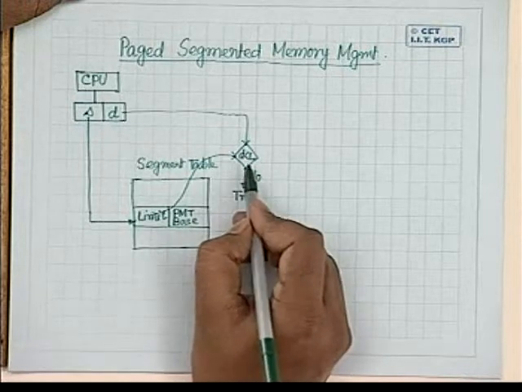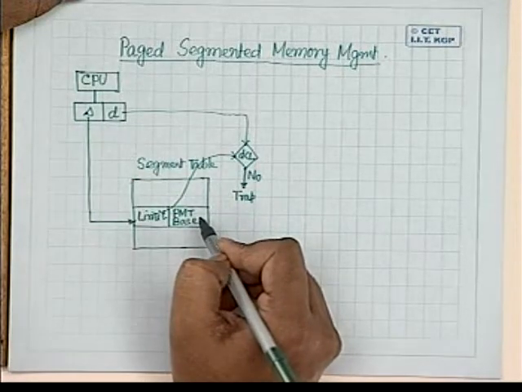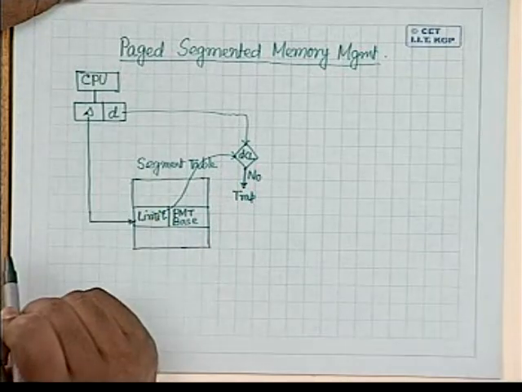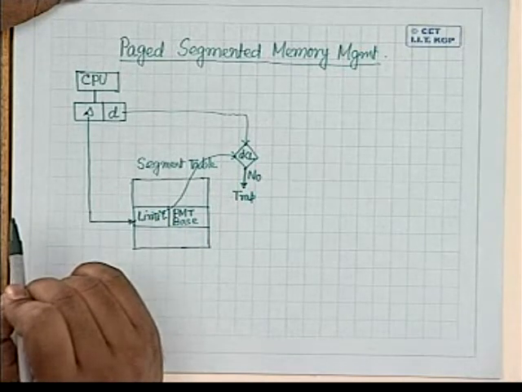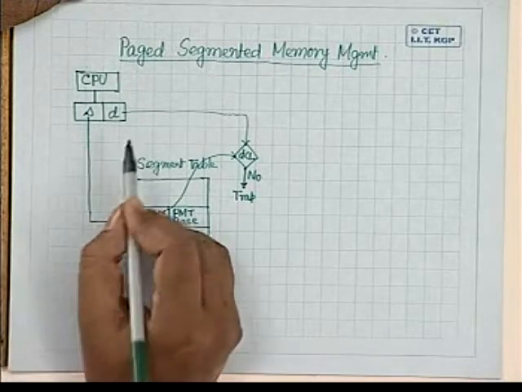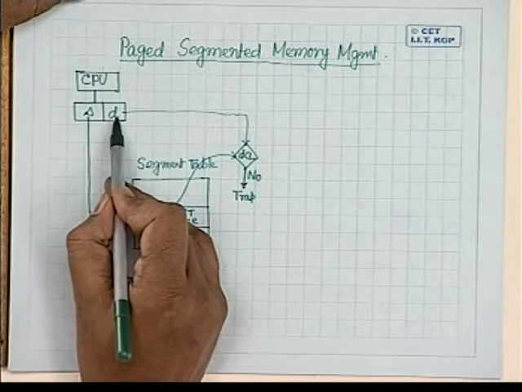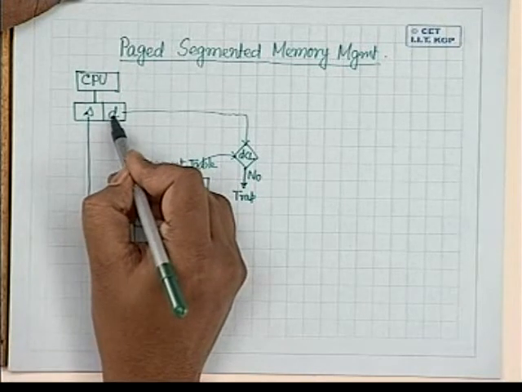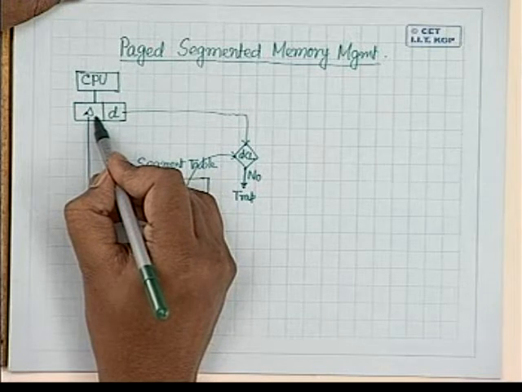If the condition is satisfied, that D is less than limit, then every segment will be broken into a number of pages. How do you break it into pages? I can assume that this D specified by this address is nothing but the logical address within the segment.